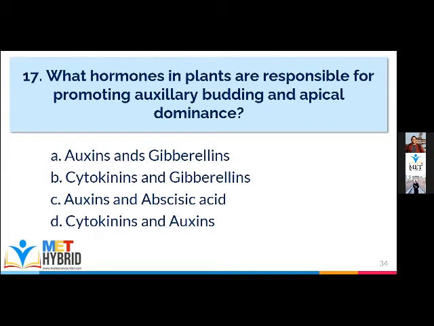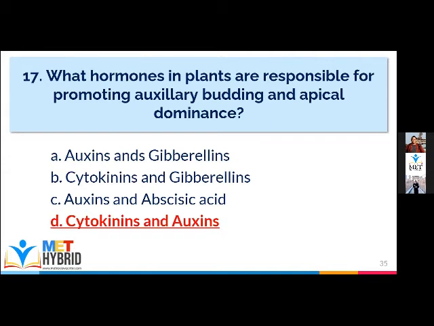May nag-A, may nag-B, may nag-D. So the answer here, dear students, should be letter D, cytokinins and auxins.